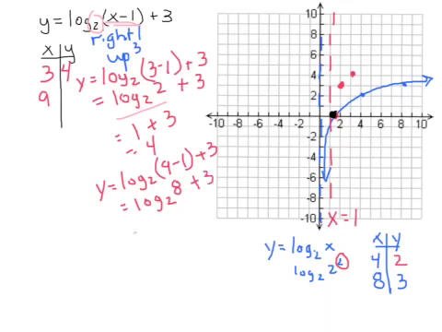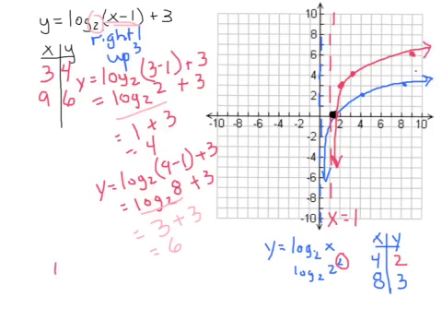Now, log base 2 of 8, this quantity right here, is saying 2 to what power is 8? Well, 2 to the third is 8. Plus that extra 3 gives me 6 for my y value. So over 9, up 1, 2, 3, 4, 5, 6. Okay? So you see in the same basic graph, it looks something like this, and as we approach the asymptote, it's going to go infinitely downward.